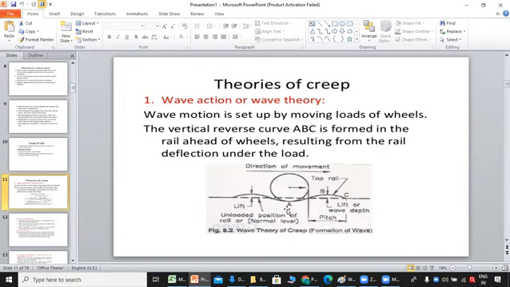Now see the curve formed, ABC. Here is the direction of movement: the wheel moves from left side to right side. Due to loading, this curve is plotted here to show the wave action.